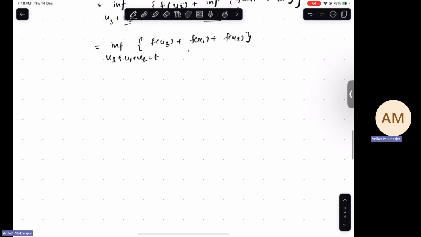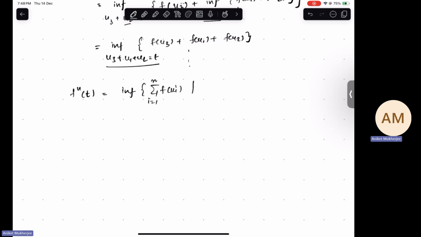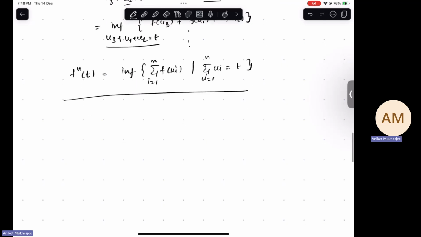And as you can see, the pattern emerges here. So F n of T is basically inf over summation i equal to 1 to n F of Ui such that summation i equal to 1 to n Ui equal to T. Okay.